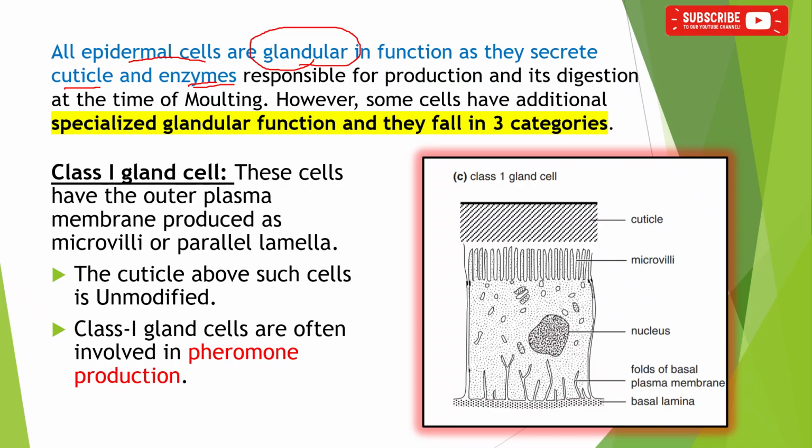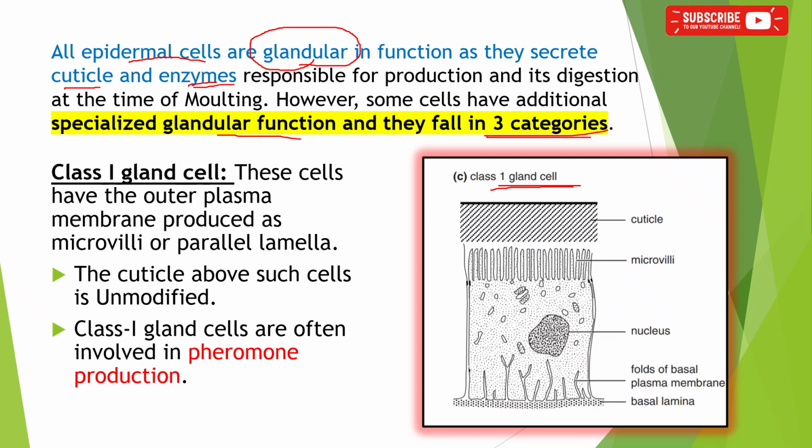Along with these, some specialized epidermal cells are modified to be glandular in function, and they fall into three categories: class 1 gland cells, class 2 gland cells, and class 3 gland cells. As you can see here in this picture, this is the class 1 gland cell.